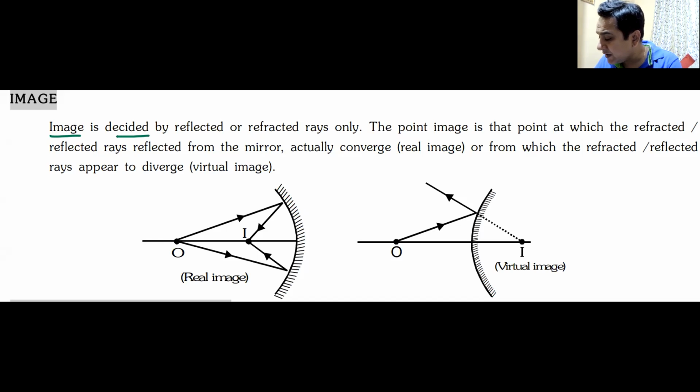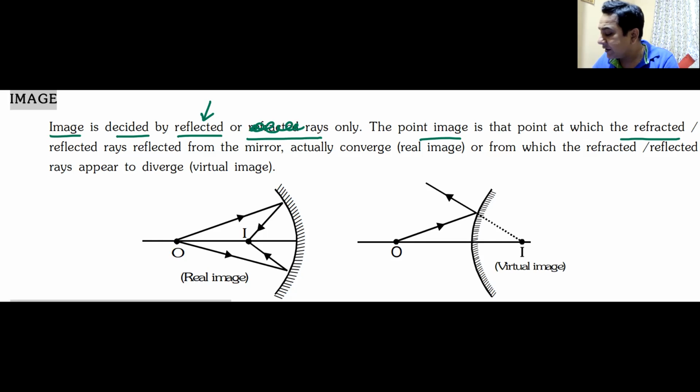Image is decided by the reflected ray in case of reflection, or the refracted ray in case of refraction. We're not dealing with refraction now, so we'll only see how it is in terms of reflected ray. Whatever we say for reflected ray, the same thing can be said for refracted ray.